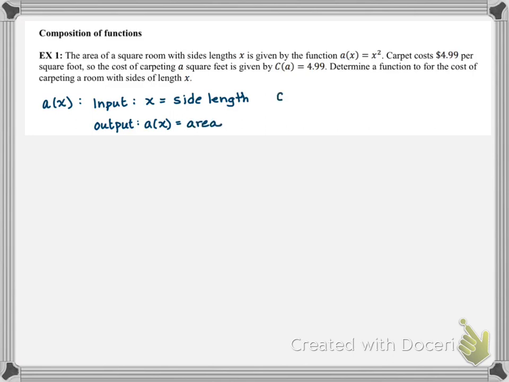And then my second function, what's the input of that function? Oh, I fixed it on the computer after I printed those. It should say 4.99a. Doesn't make much sense if it's just 4.99. So what's the input of my second function?